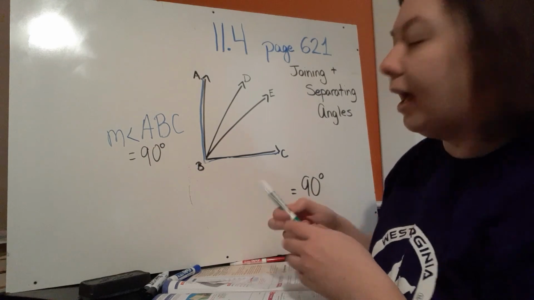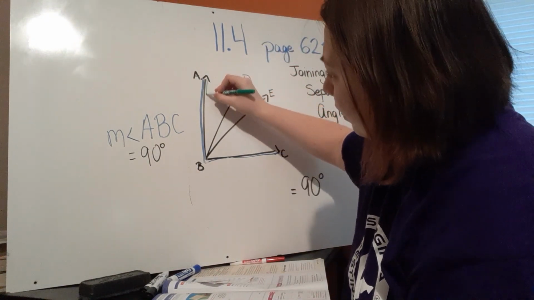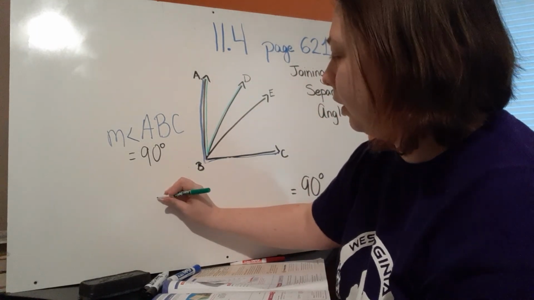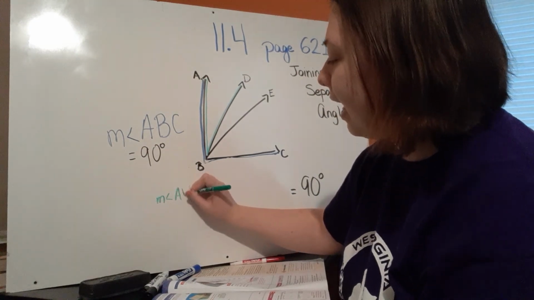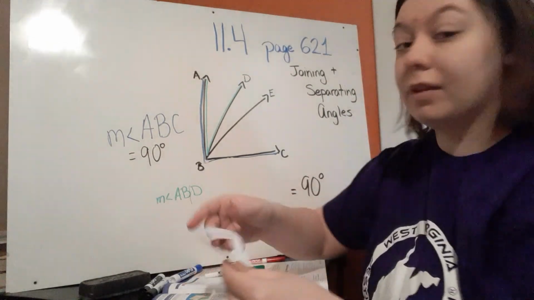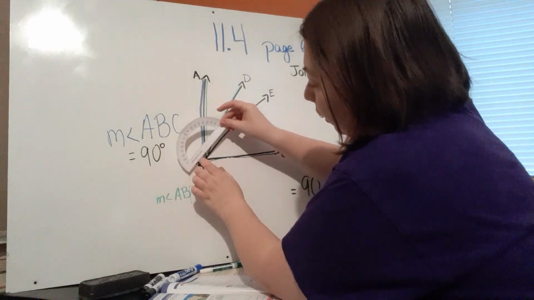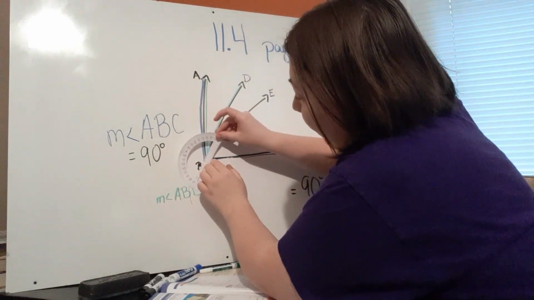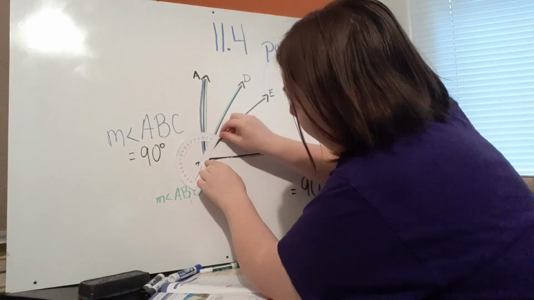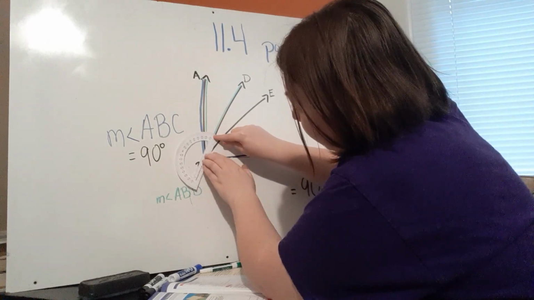So I'm going to outline in green. Now we're going to look for the angle ABD. And I'm going to write that one in green. So the measure of angle ABD. Now, again, I'm going to have my protractor. I'm putting my hole at the bottom. I'm lining that up with my vertex, which is still B. And I'm lining up my ray BD with my 0 line.